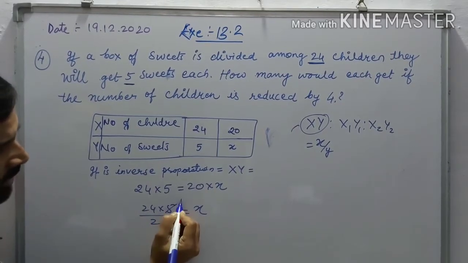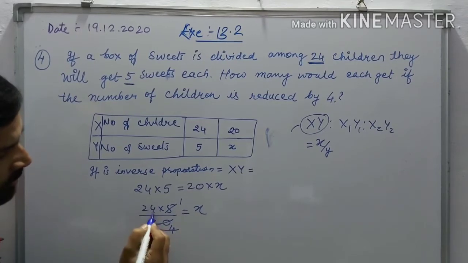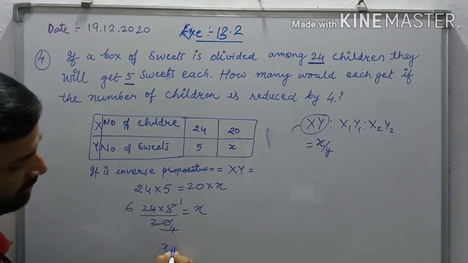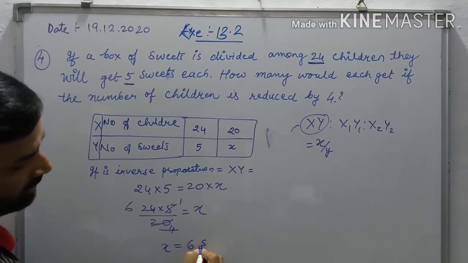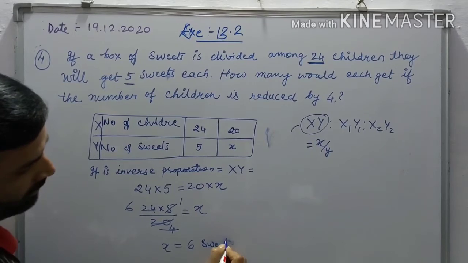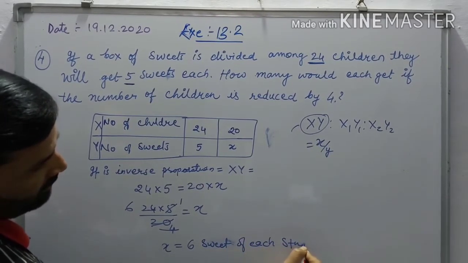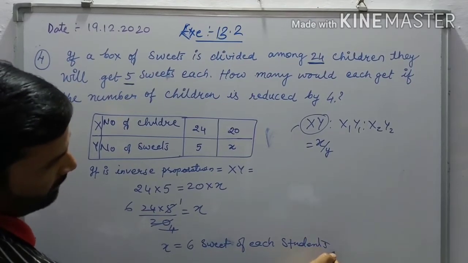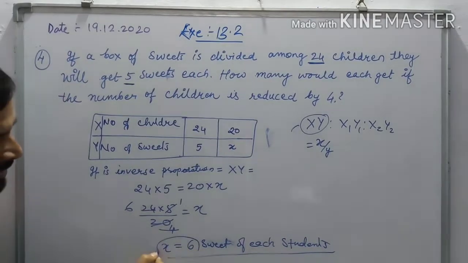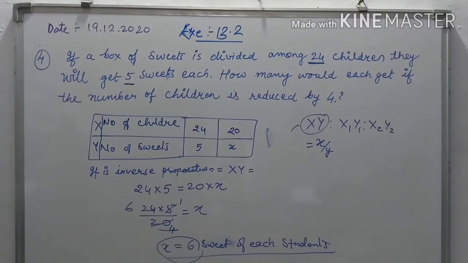So this is 6: 4 times 5 is 20, then 6 times 4 is 24... The value is 6, so 6 sweets each student will get. The 6 sweets will be received by each student.